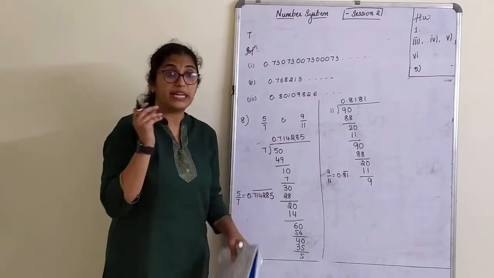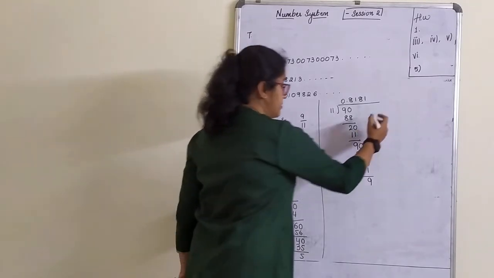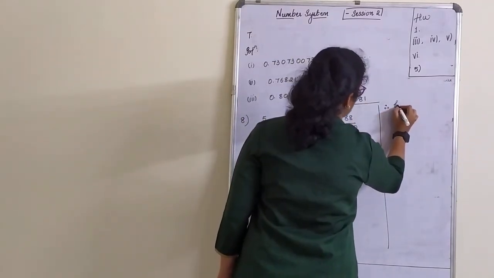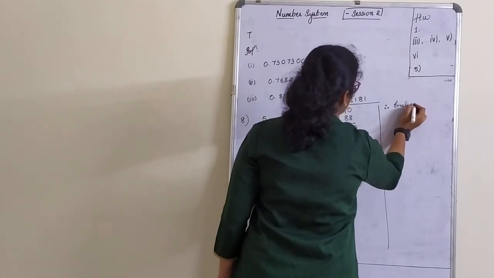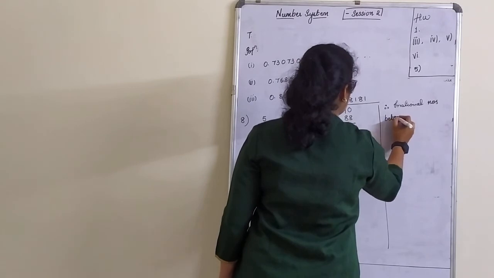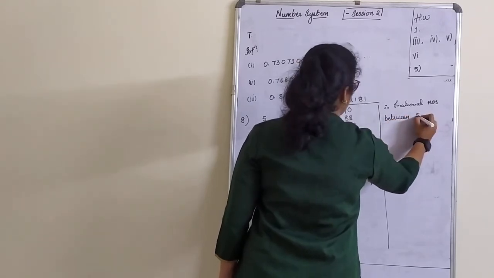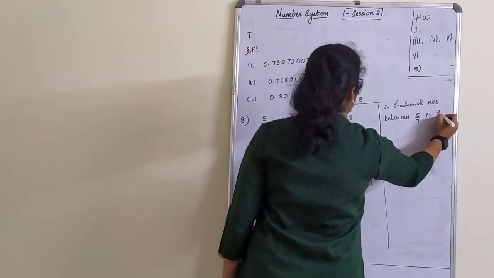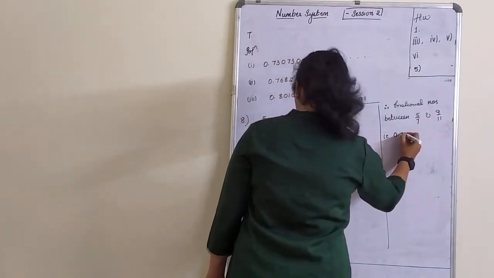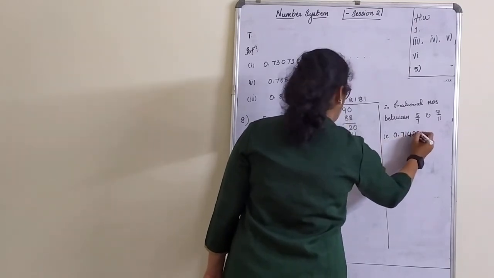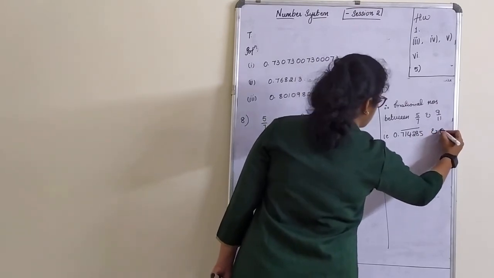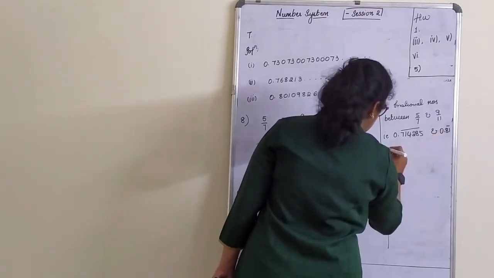Now our step is to insert irrational numbers between these. I will again draw a line and do it here. Therefore, irrational numbers between 5/7 and 9/11, that is between 0.714285 bar and 0.81 bar.